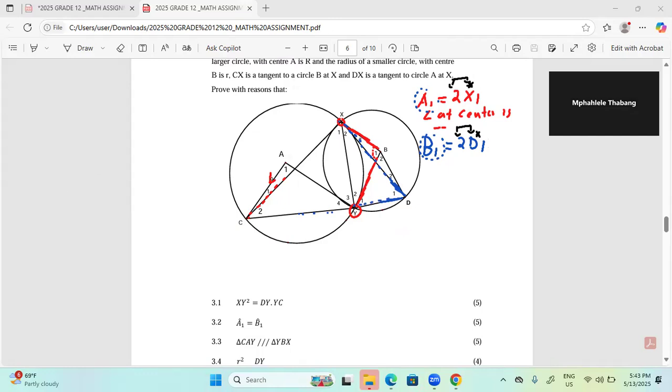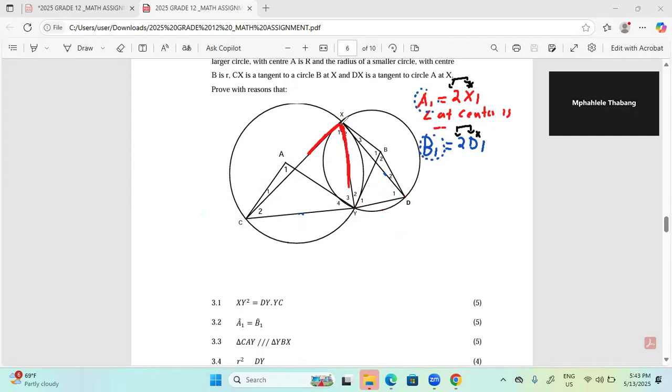Yes. X1 and D1 are equal based on the tangent-chord theorem, which I've also explained. I said the tangent-chord theorem is the angle between the tangent and the chord.